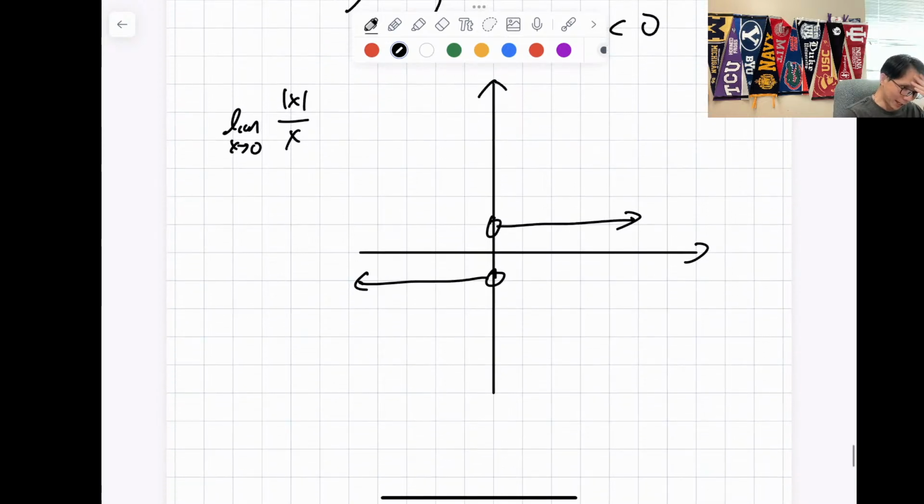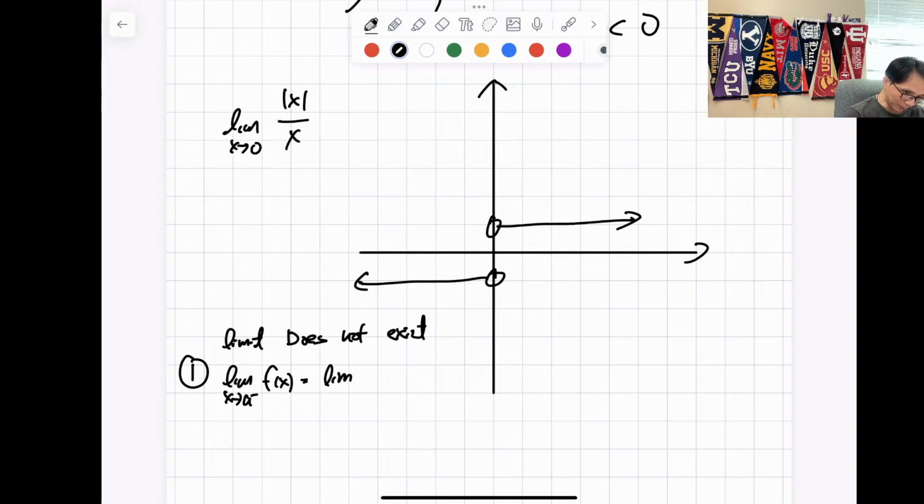Why is that? There are three situations where a limit does not exist. The first is when the limit as x approaches a from the left side of f of x is not equal to the limit as x approaches a from the right side of f of x. If they're not equal to the same value, then the limit does not exist.